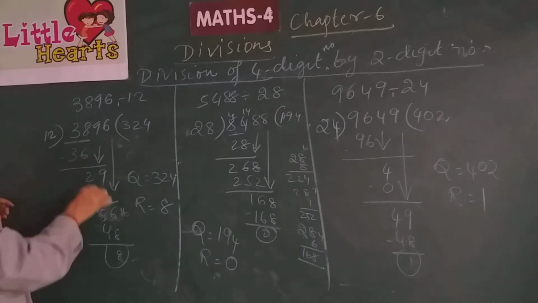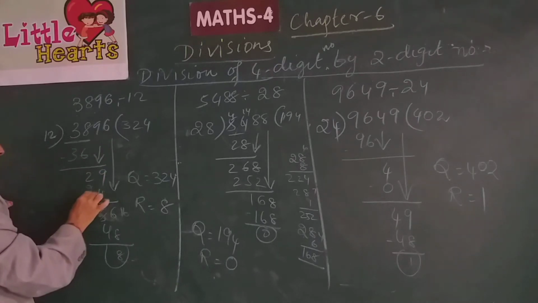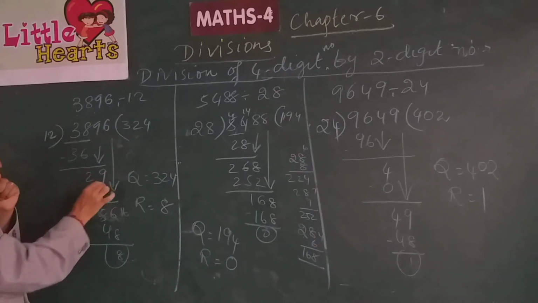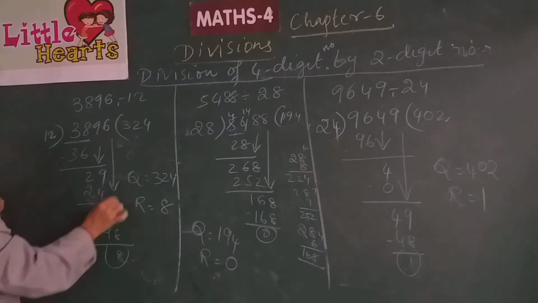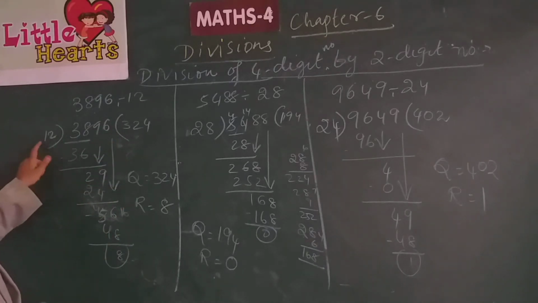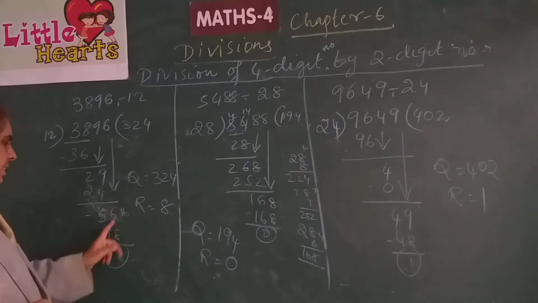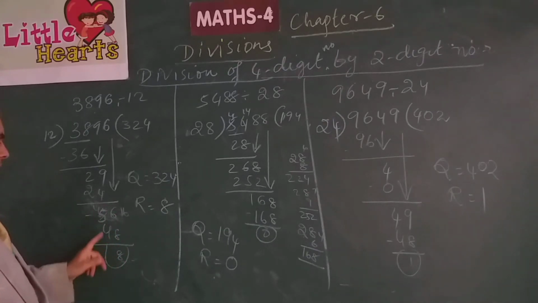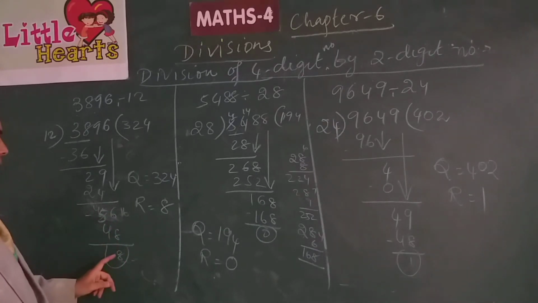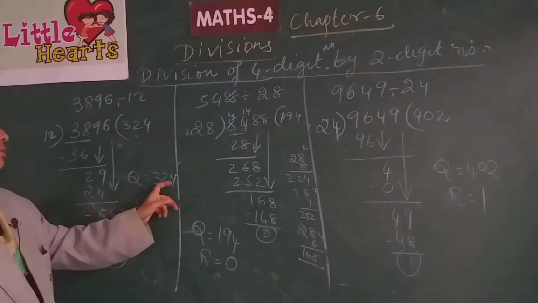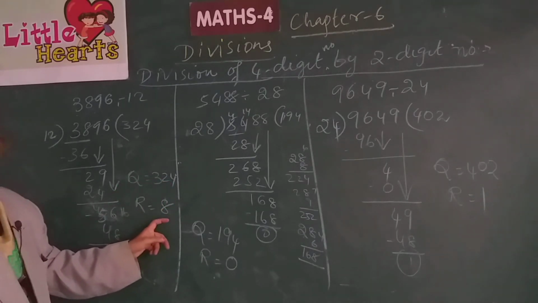Bring down 9. 12 2s are 24. 29 minus 24 is 5. Bring down 6. 12 4s are 48. 56 minus 48 is 8. So 8 is the remainder. Quotient is 324 and remainder is 8.